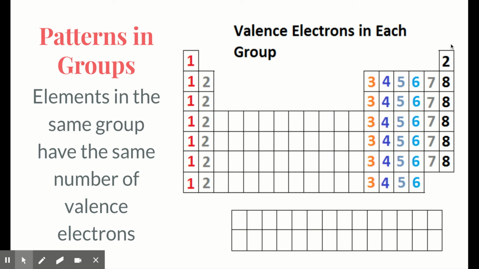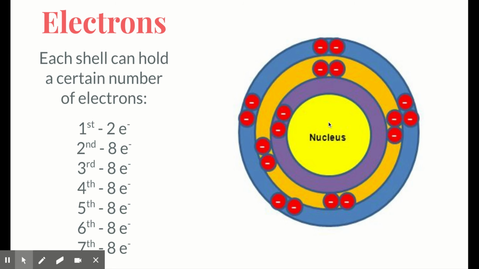and then group 18, we have a slight difference. So all the other ones will have 8, but helium is also in group 18, and I had a lot of questions about this. So remember, the most you can have on the very last shell for helium is 2. So helium, remember, it only has 1 ring and it has 2 electrons. So we say that that shell is full.